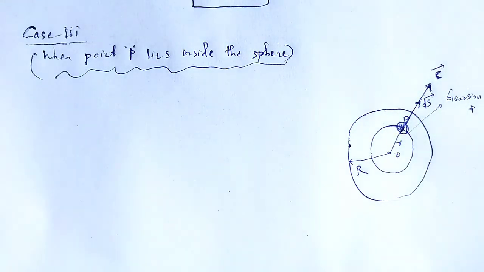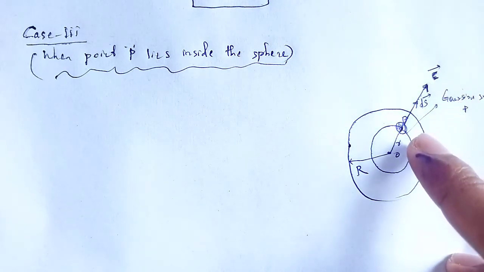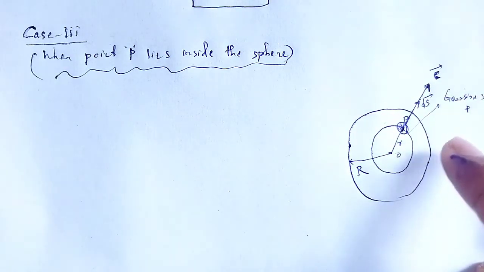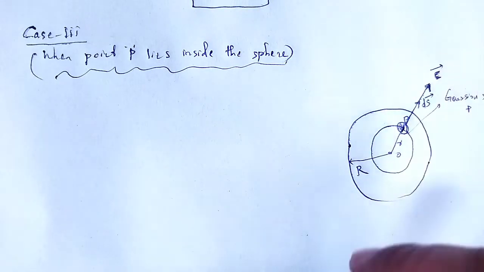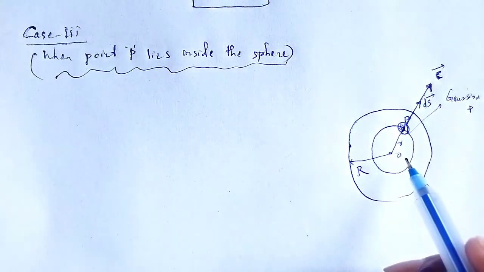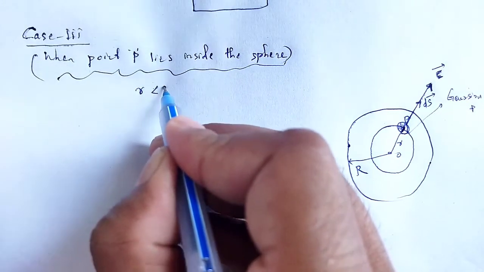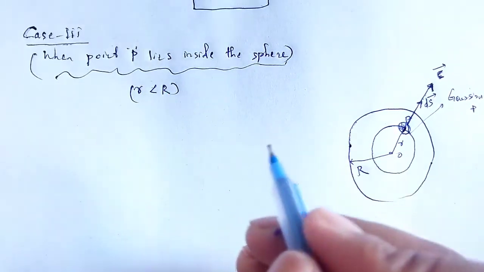The area element and electric field intensity are in the same direction, since the electric field intensity is radially outwards throughout the Gaussian surface. Now, in this case, small r is less than capital R.